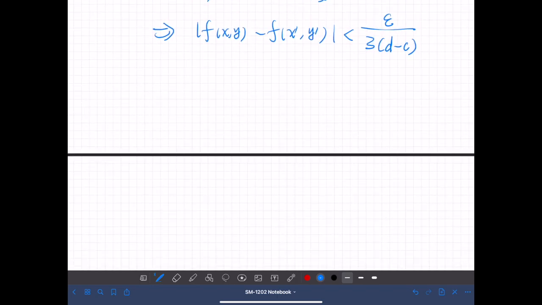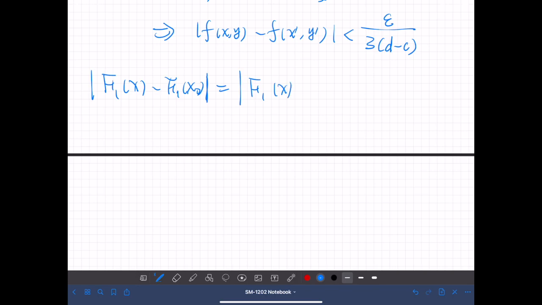we can finally prove the continuity of f1 of x minus f1 of x0. So we want to show that this is less than epsilon, right? So this can be rearranged in this way.